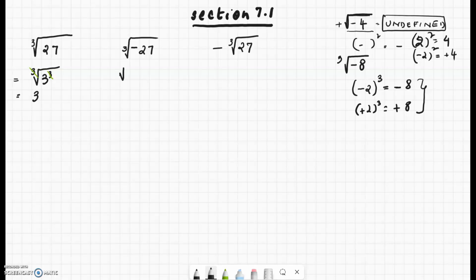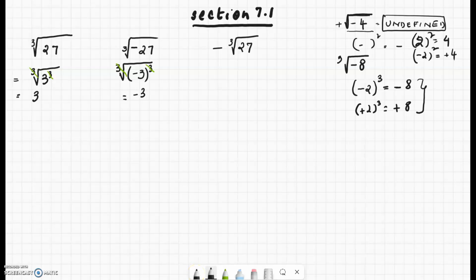So let's look at the cube root of negative 27. How do I get a negative 27? By cubing a negative 3. And the cube root and the cube cancel each other out. And what I get is a negative 3. But a square root of a negative number is undefined.